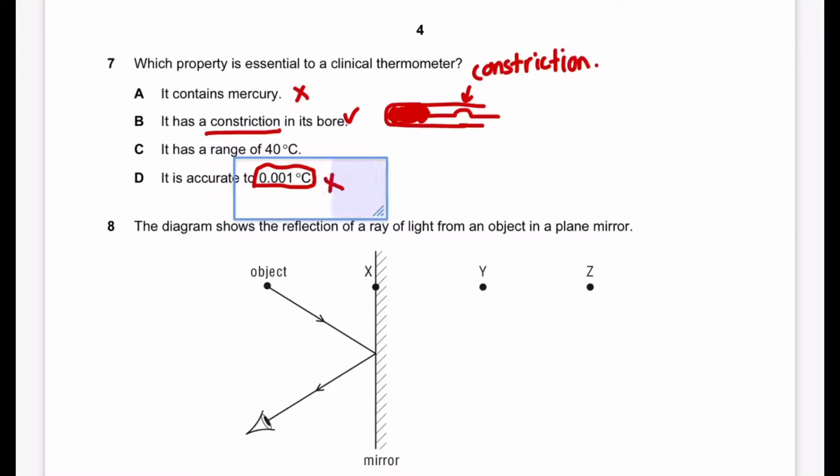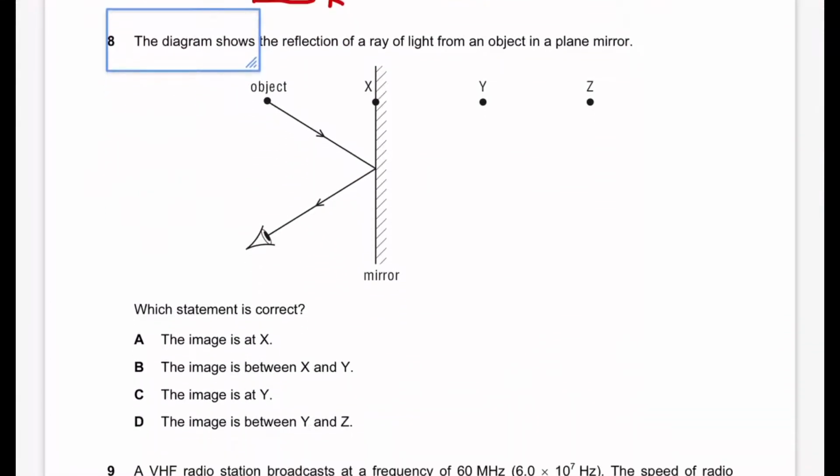So this can also only be obtained in a digital thermometer, not really in a clinical or physical thermometer where you have to physically read the level of the temperature. So the option that is most essential, the most important property, is B, the constriction property. Let us move on to question 8.